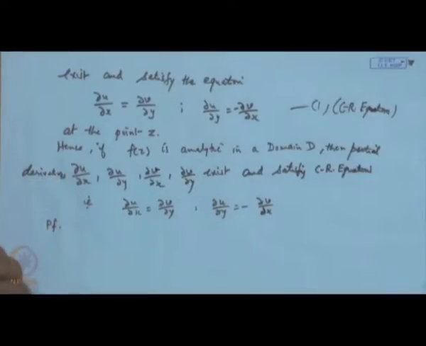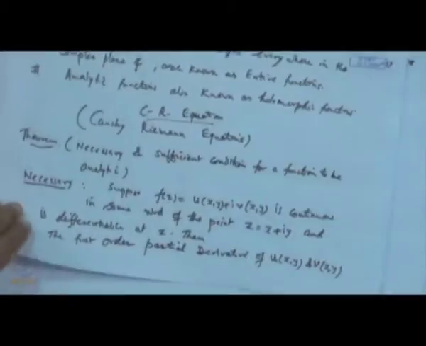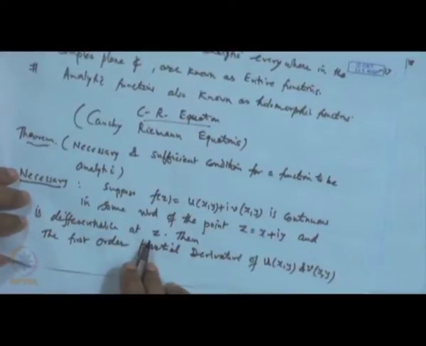Now, what is given is that the function is differentiable. So, it means the derivative f prime z exists.